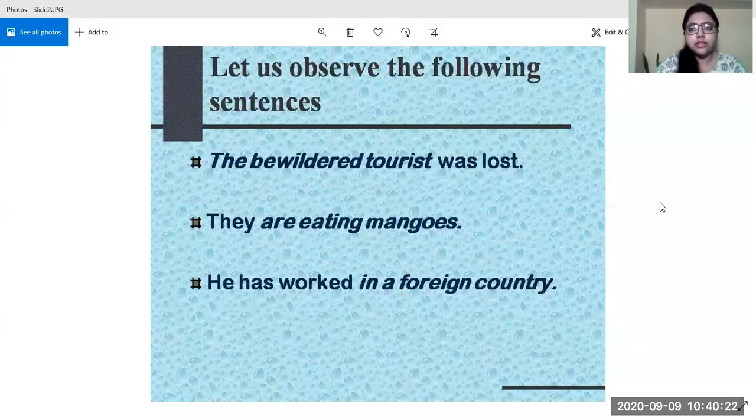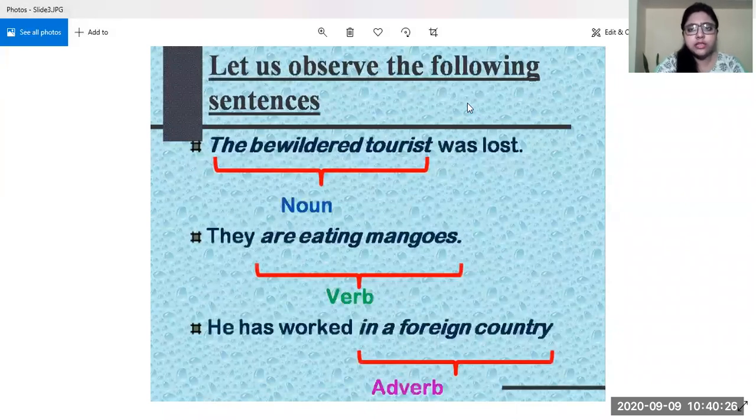See this, the bewildered tourist. This is acting as what? It is acting as a noun. Who was lost? The bewildered tourist was lost. Instead of just writing tourist, we have written the bewildered tourist. We have taken up some group of words, and then we have added it in place of a noun.